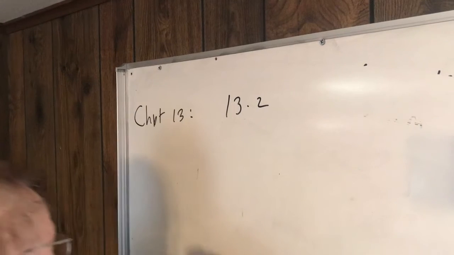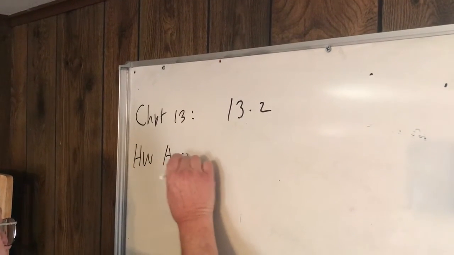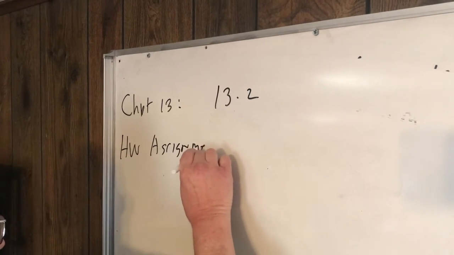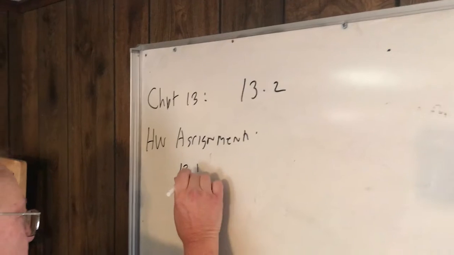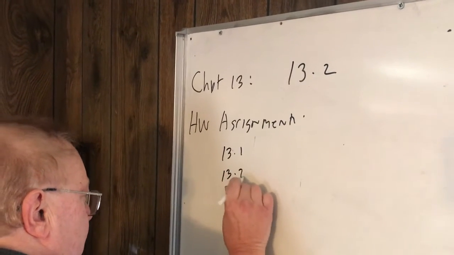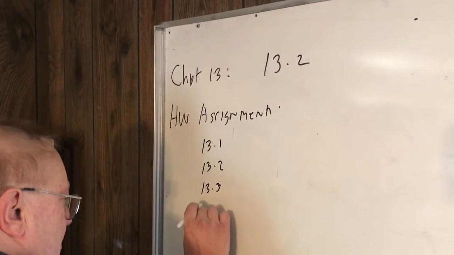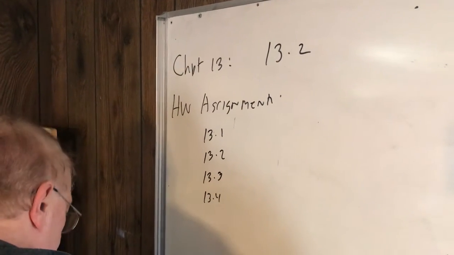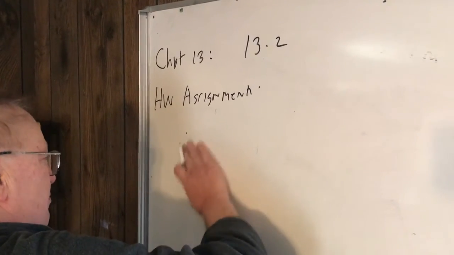Now, your homework assignments are on Google Docs in your files, but I'll put them down here. 13.1, and these aren't much, but they are long problems. Okay, 13.2, I'm sorry.